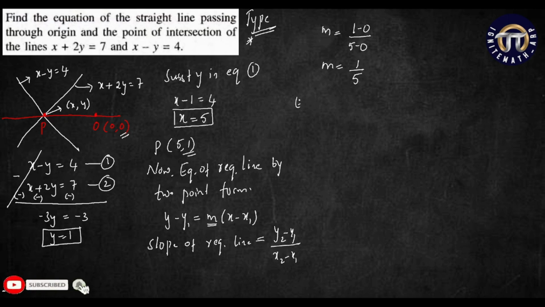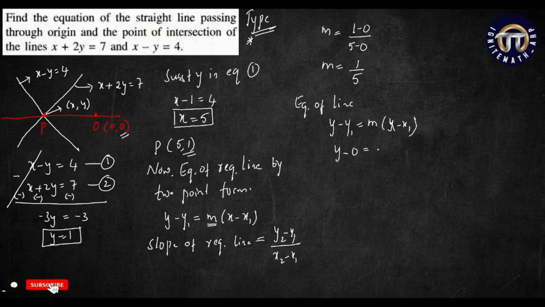Now the equation of the line, I will take y minus y1 is equal to m of x minus x1. So y minus, I can take 0 0 or 5 comma 1. 0 0 would be easy for me. So y is equal to 1 by 5 times (x minus 0). So y is equal to x by 5.